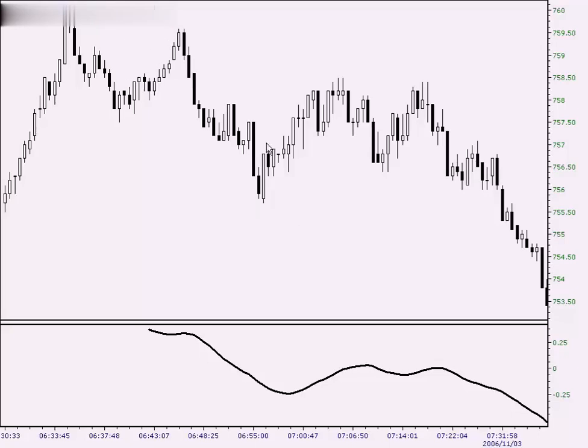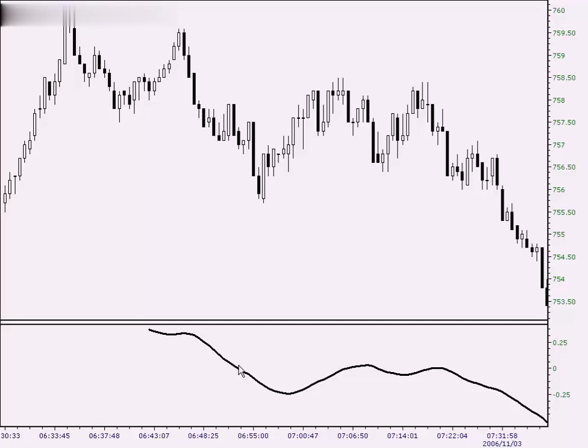So here's price on the top, and of course down here we have our primary volatility or momentum. Really, it's a momentum indicator. And what I want to do is, just like we did with the 50 MA when we started our last course, we just put price and we put a 50 moving average over price, and we just looked at a bunch of bars, and we got a feel for how price interacted with the 50 moving average.